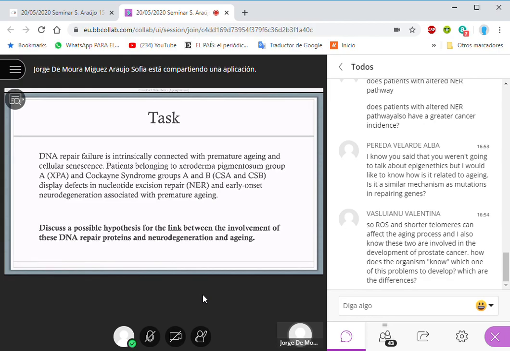So reactive oxygen species and shorter telomeres can affect the aging process. How does the organism know which one of these problems to develop? Well, it's back to what we were discussing before, Valentina.